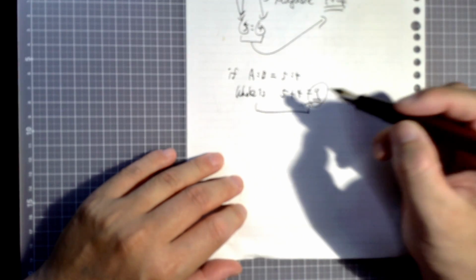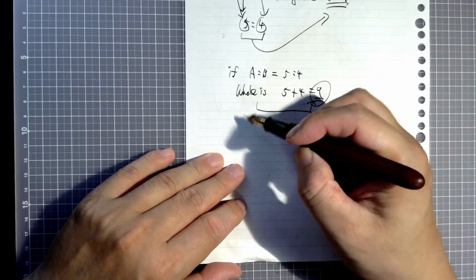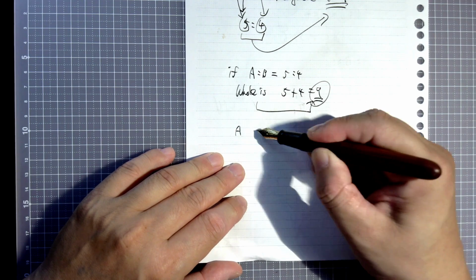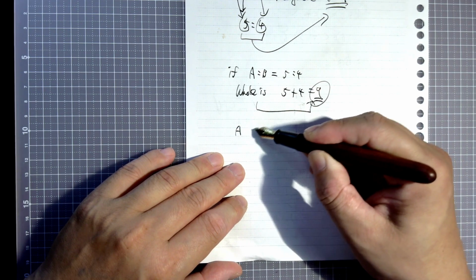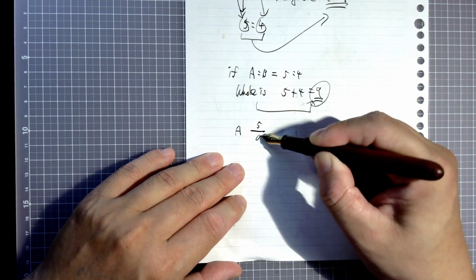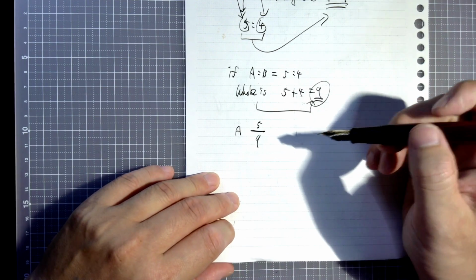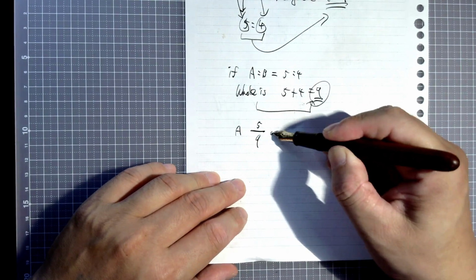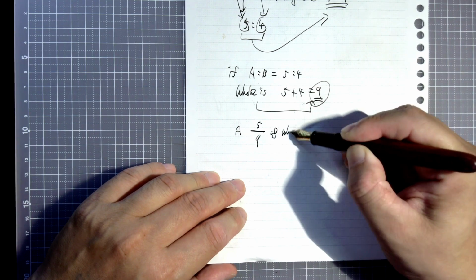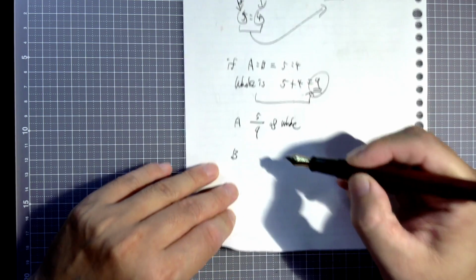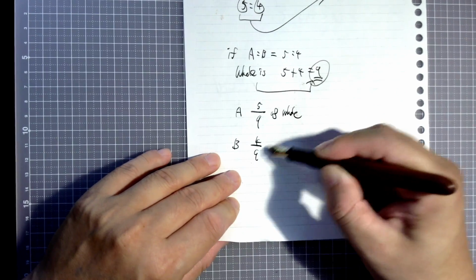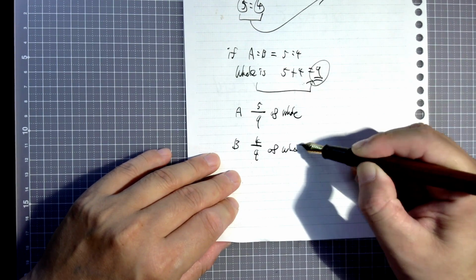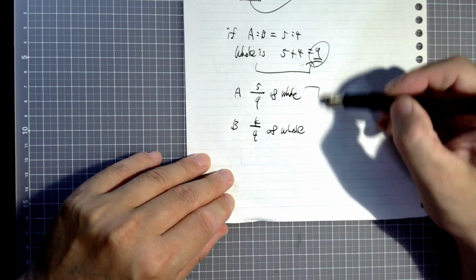Therefore, Mr. A paid 5 ninths of the whole, while B paid 4 ninths of the whole.